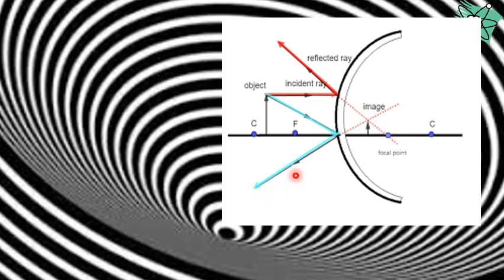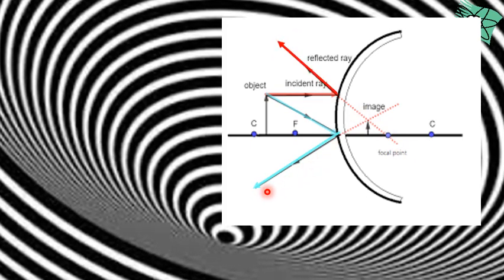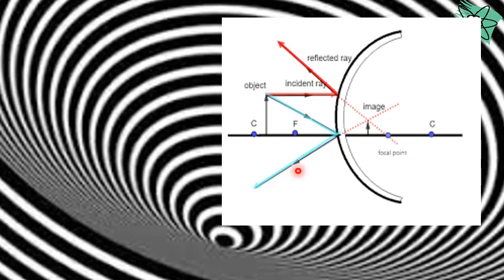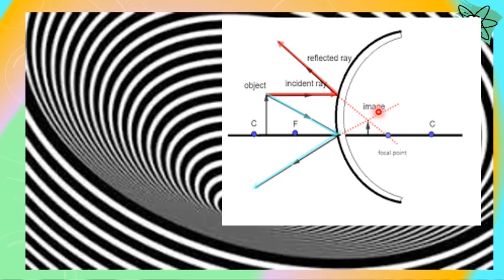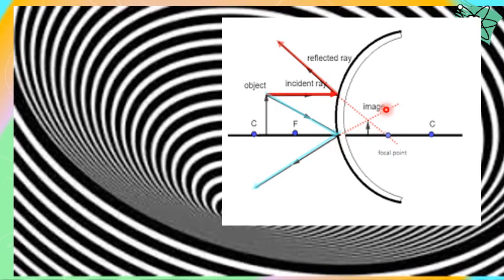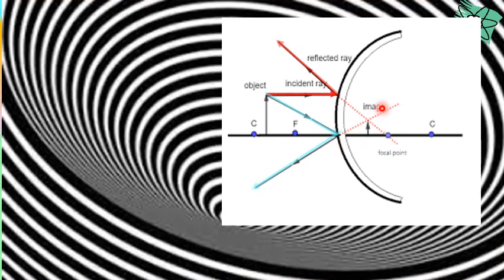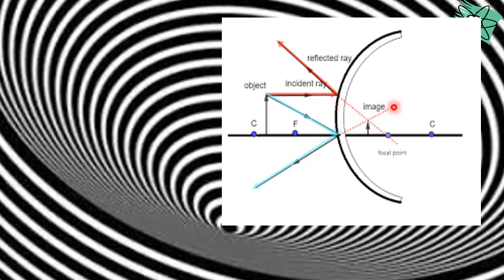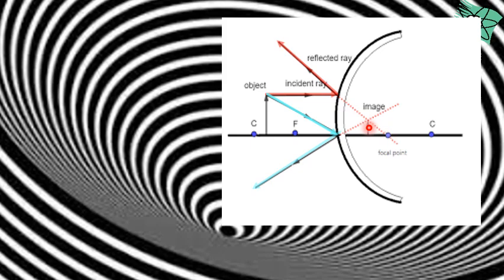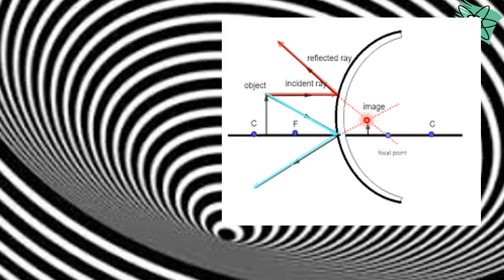Now, the other reflected ray, this one, when extended behind the mirror, there is a point where the two reflected rays or their extended rays meet or intersect.